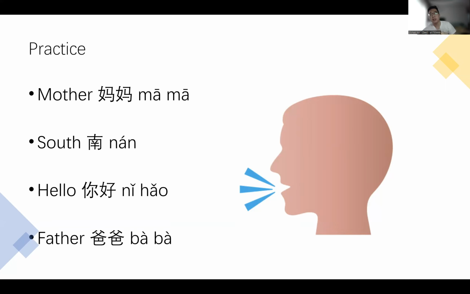The third one is hello, nǐ hǎo. It's easy to understand, right? You just learned that before. And the fourth one is father. Not similar to English, in Chinese we pronounce it like bàba. Okay, you can learn that later.